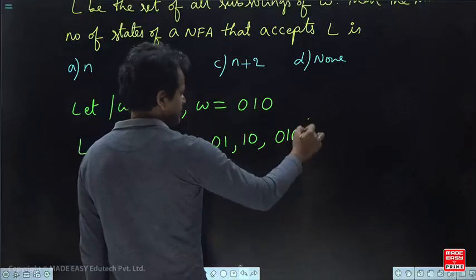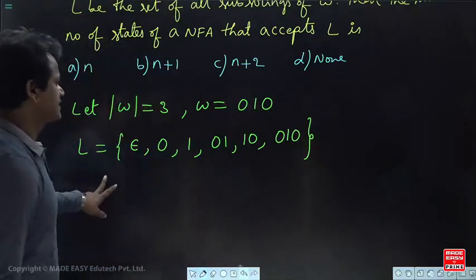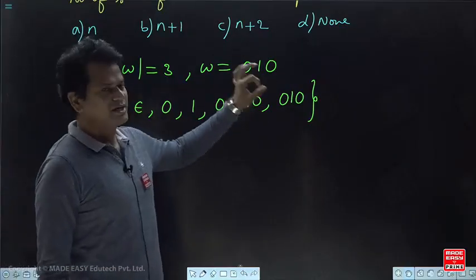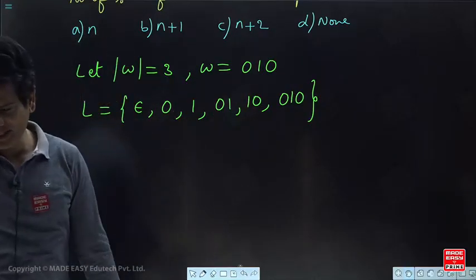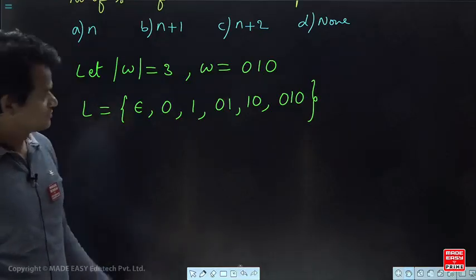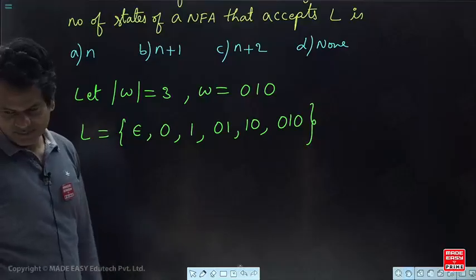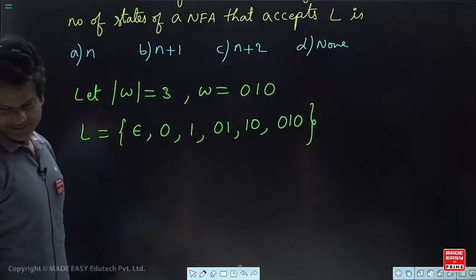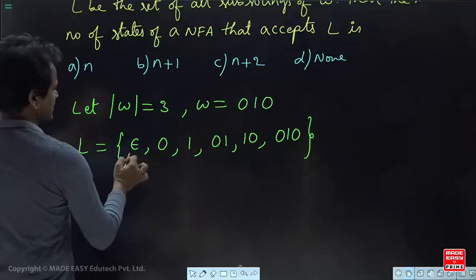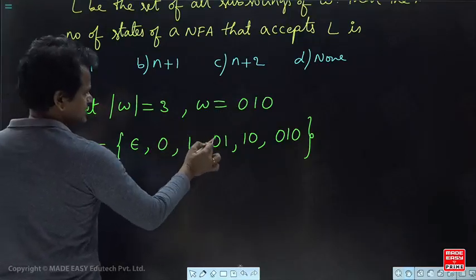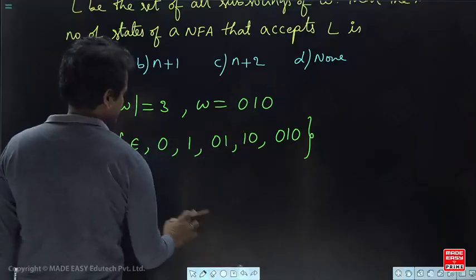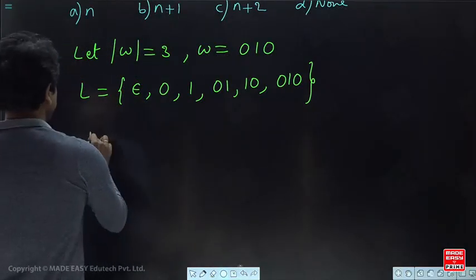Now if I construct an NFA to accept this language, how many minimum number of states are required? Now I am constructing the NFA.